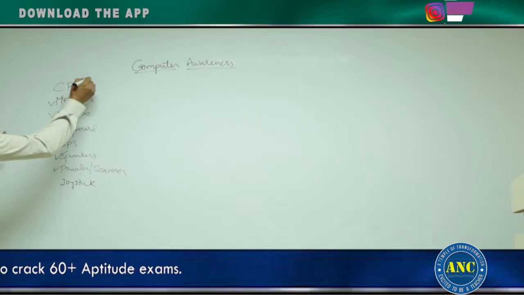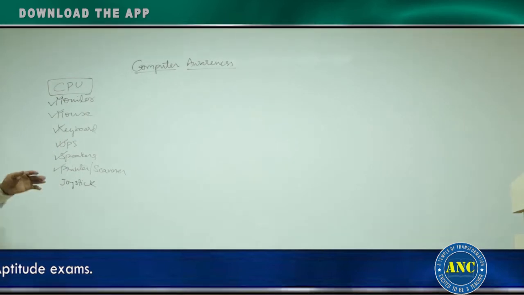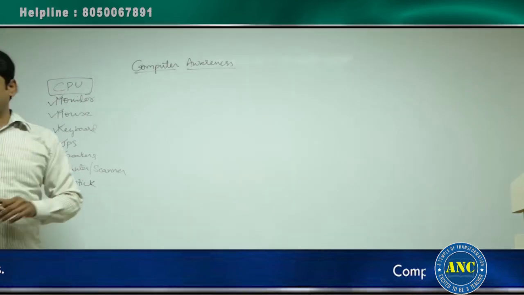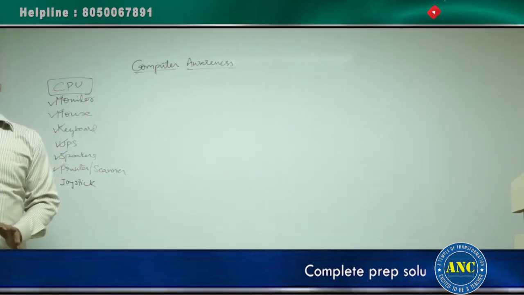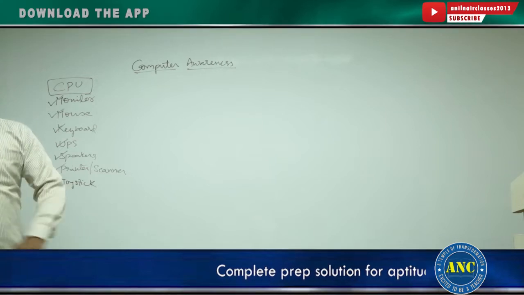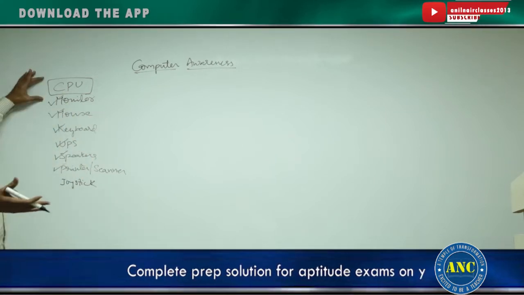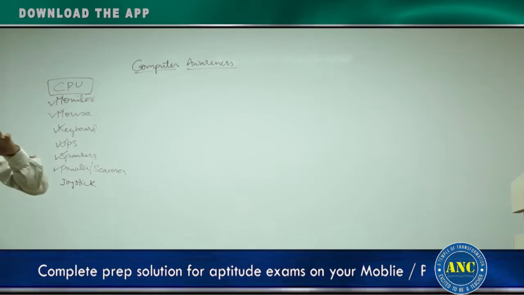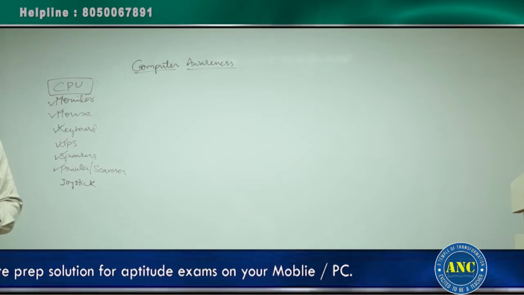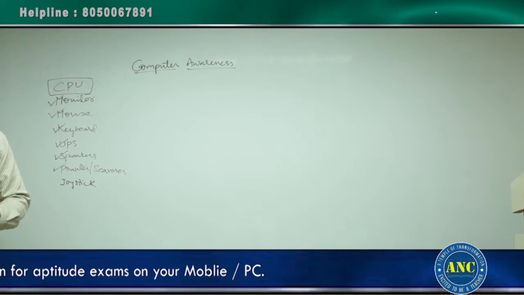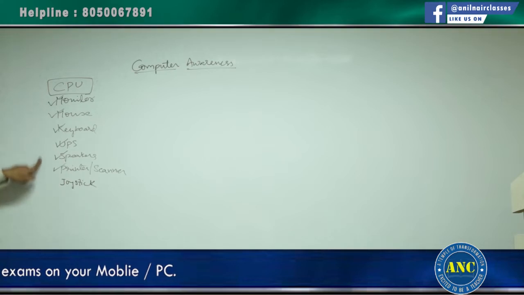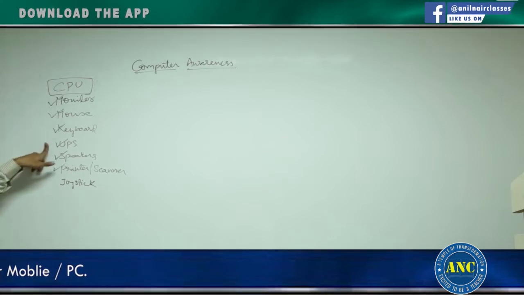So what is mandatory? If this is not there, there is no computer. Am I right? The processing unit is the part that has all of the things, right? You have the microprocessor and everything put in this CPU. So that cabinet, that CPU, is what is required to say the computer is there. But to use it, you may need some of these or one of these at least.